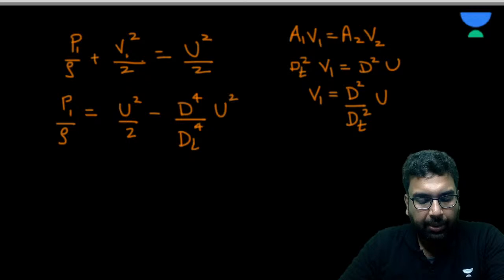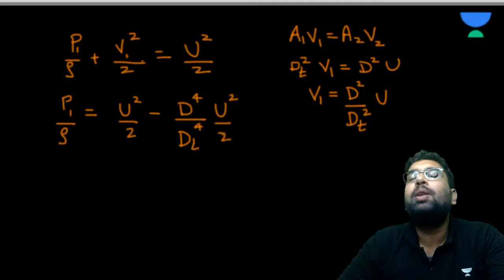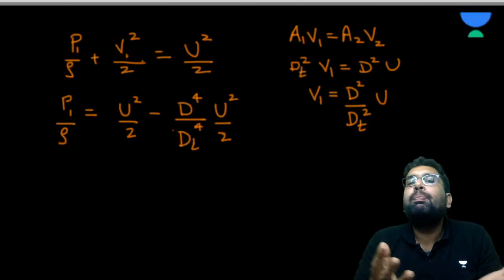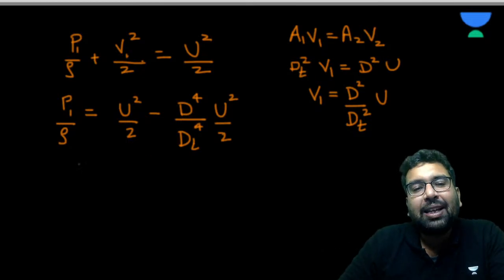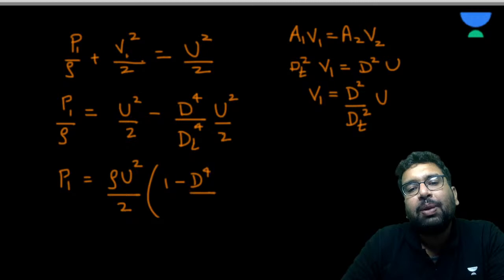You might be thinking, sir, we are doing nearly the same thing we do in a simpler looking question, in this seemingly big question. So basically from here we can find this P1, no? Transferring the rho here, it will become rho U square by 2 into 1 minus d to the power 4 upon dt to the power 4.